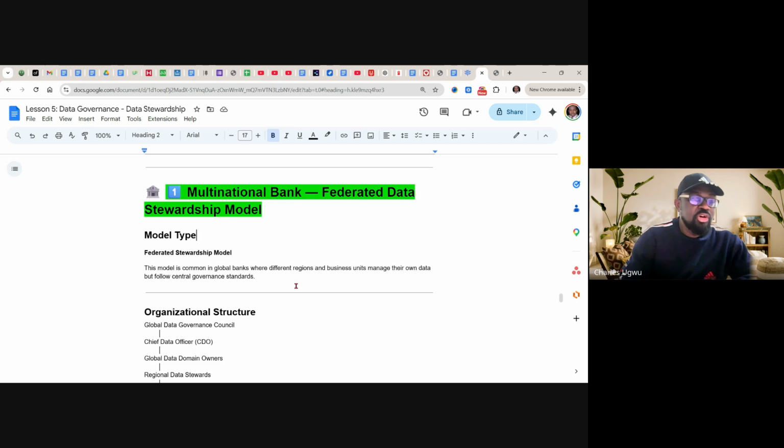This model is common in global banks, where different regions and business units manage their own data but follow central governance standards.